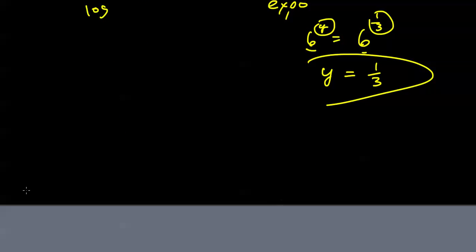Alright, let me get a fresh screen. In a logarithmic equation, or logarithmic function, basically you've got 3 slots typically filled in by either numbers or variables. So if you've got an equation of this type, y equals log x base b, if you're given 2 of those variable values, you should be able to find the missing third variable.